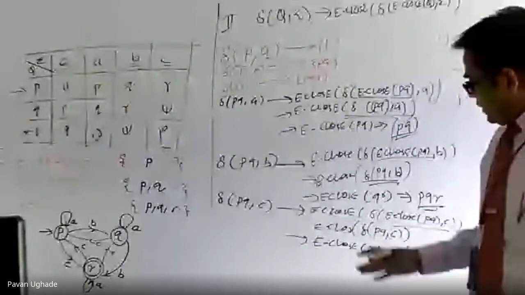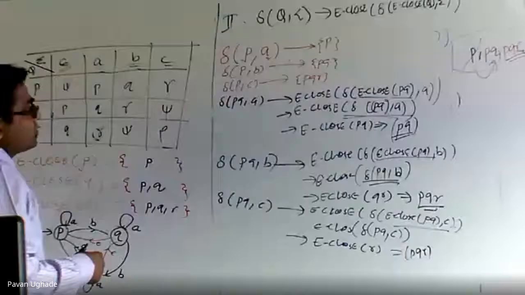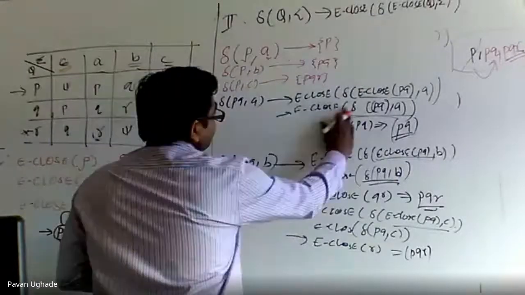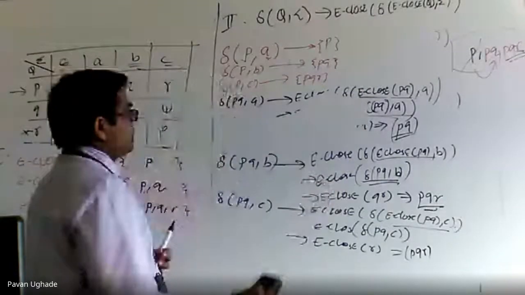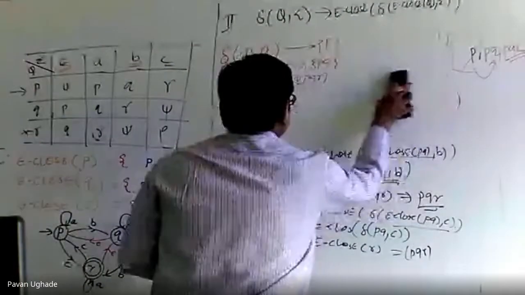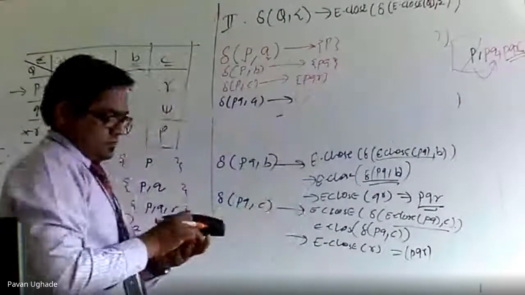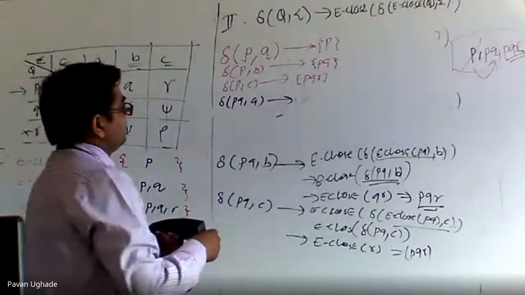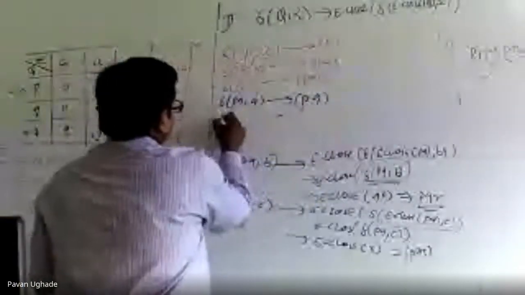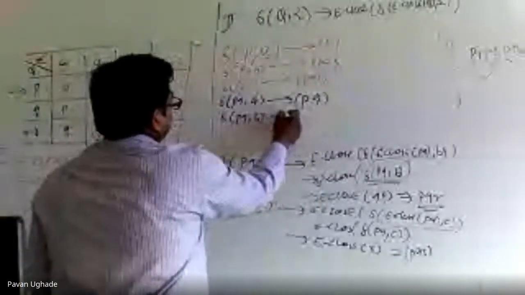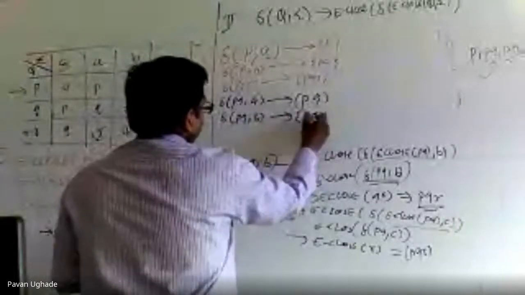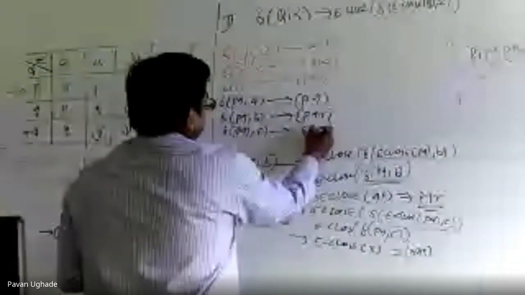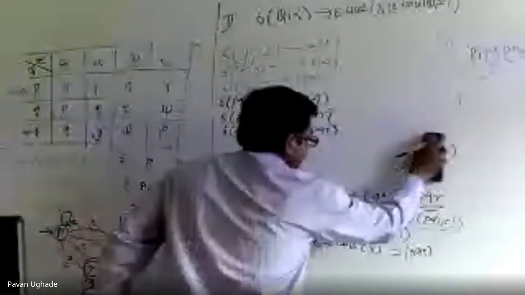I'll note down the things here so that I can reuse my table as well as the space I have here. For PQ, the transition function PQ over B is PQR, and the transition function PQ over C is again PQR, right?